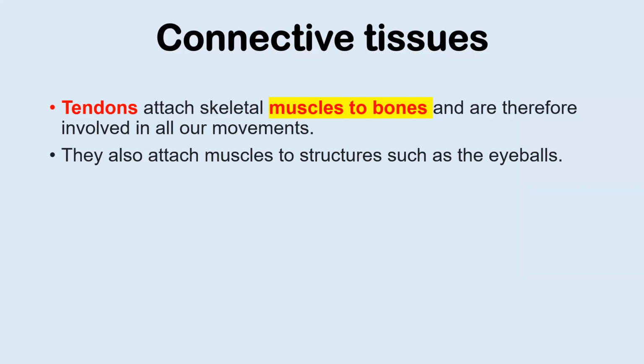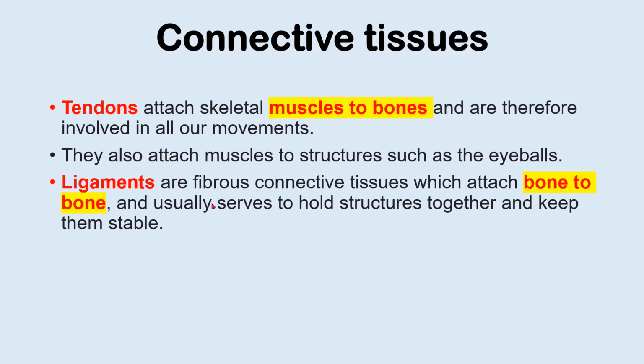That's how we can look sideways, up and down, and our eyes can go in a circle. 4 muscles would not do it. It has to be 6. I didn't think of putting a photo of an eyeball in this, but they're very, very important. You get this attachment to the eyeballs.